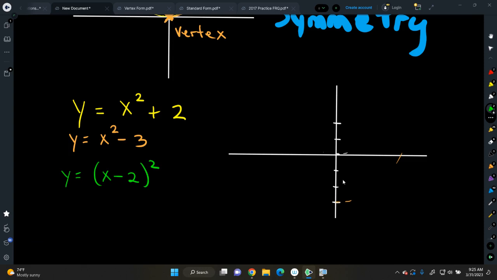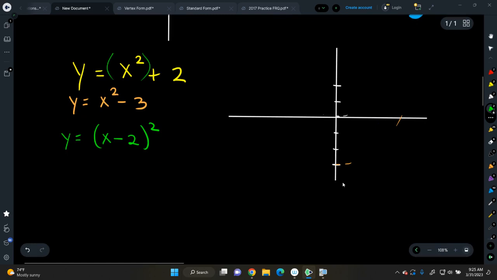When I add it outside the parenthesis, let's pretend that this was a parenthesis, it went up 2. What happens when I put it inside? Sideways, yeah. And it's going to be the opposite of what's here. So it's going to move sideways, but it's going to move to the right 2. So we're going to go over to positive 2. And my graph is going to be there.